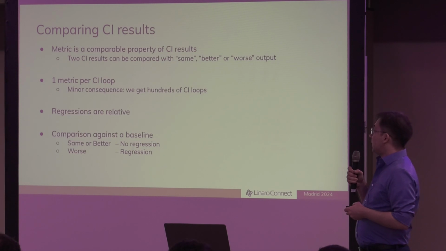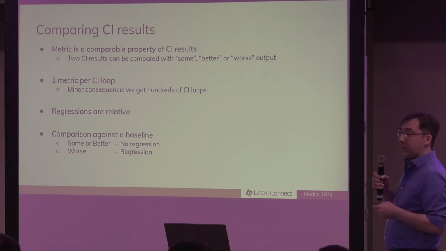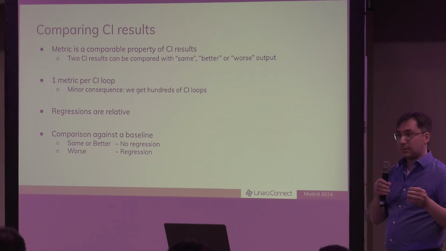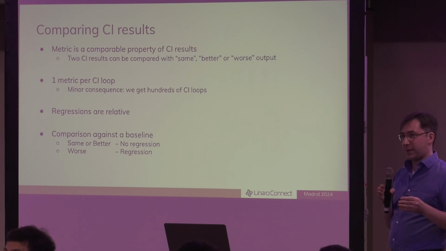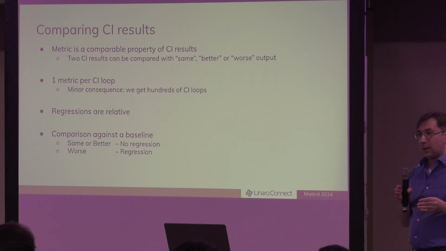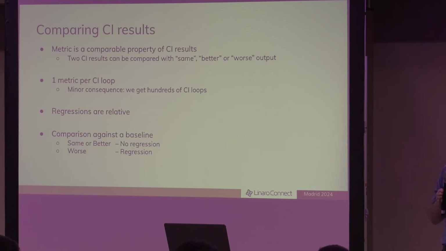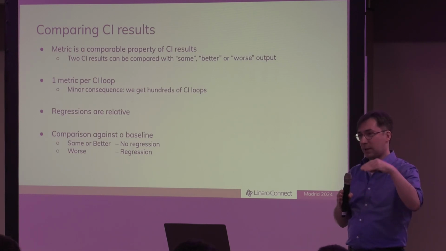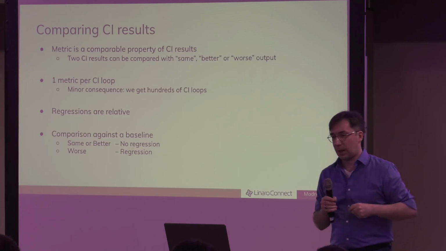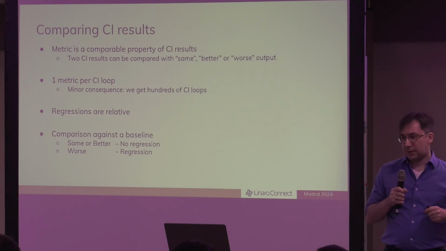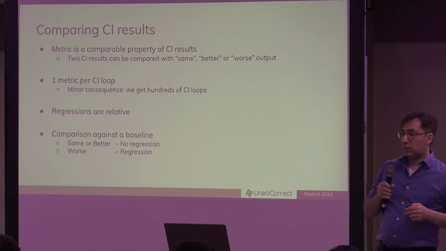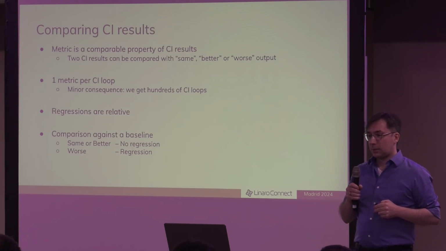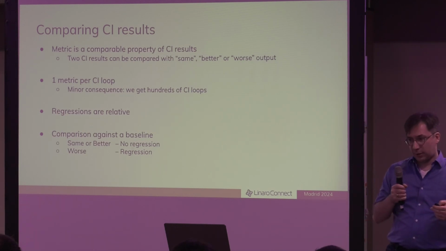The next topic is this: if you have a regression, that automatically implies you have to compare results. You no longer have an all green or all red CI, but rather you have a CI which can become a little bit better or a little bit worse. To compare CI results, we are using a thing we call a metric.